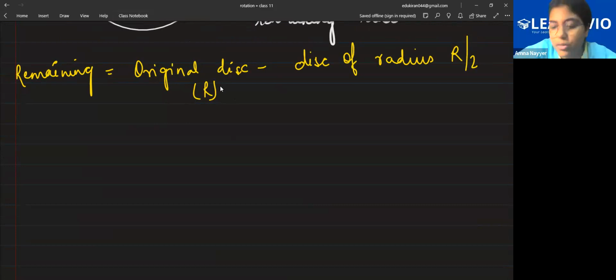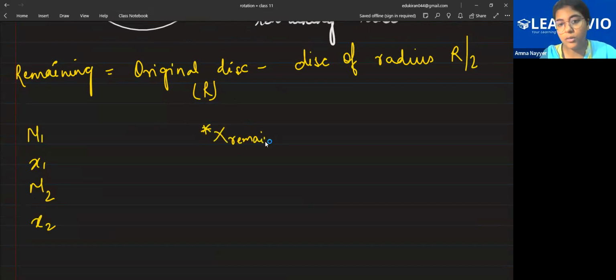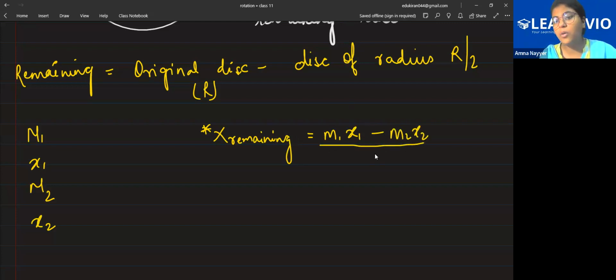And then when you write it, your marks won't be cut. And you have to mention each and everything. What is M1? What is X1? What is M2? This is an important formula because it will help solve all the questions. So remaining is M1 X1 minus M2 X2, because that's what we are doing. And when you take the common, it is M1 plus M2.